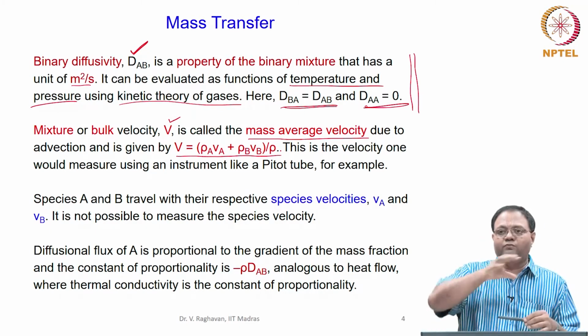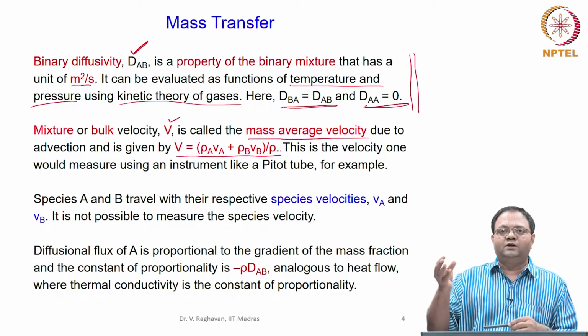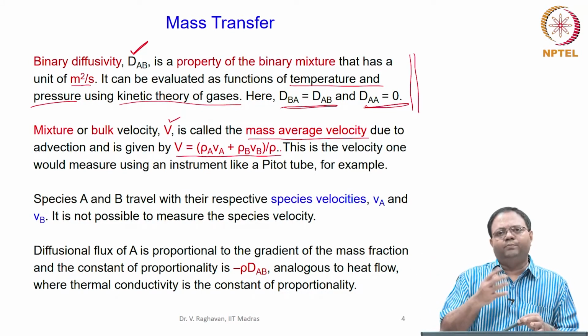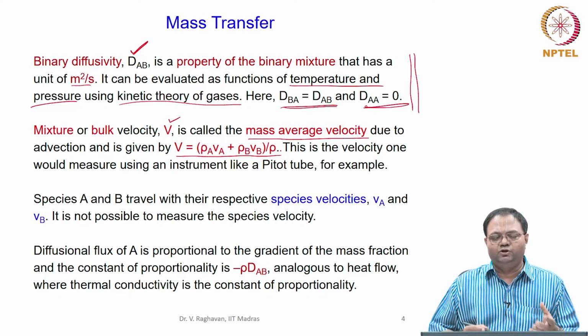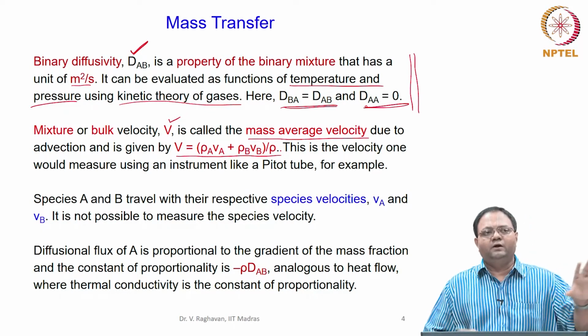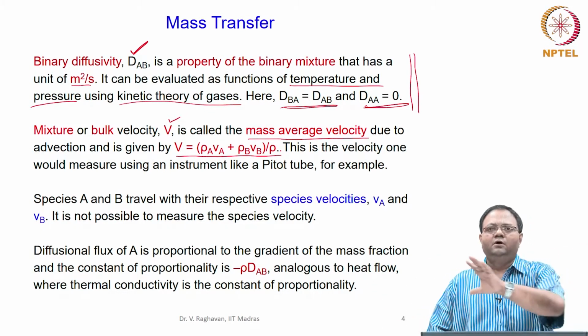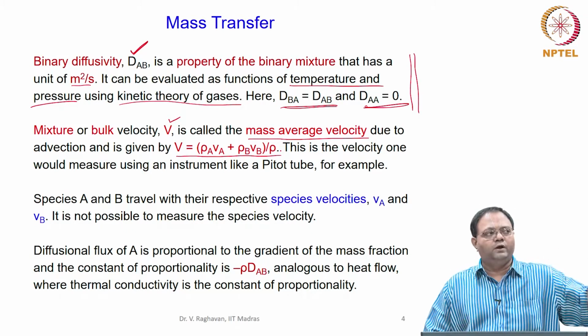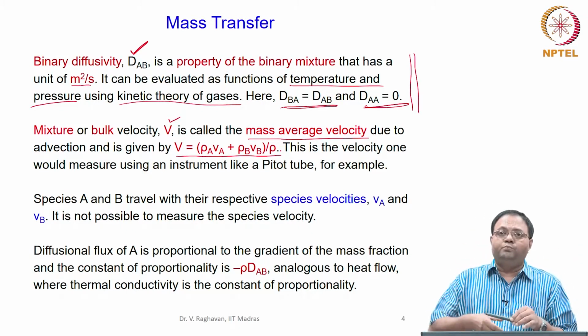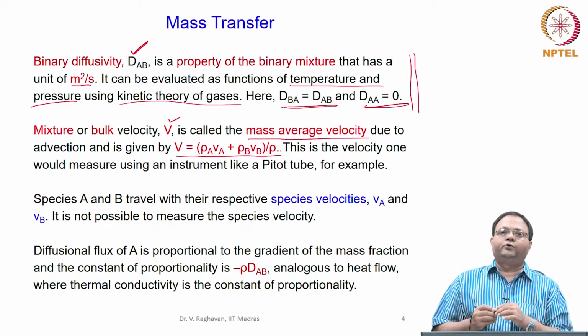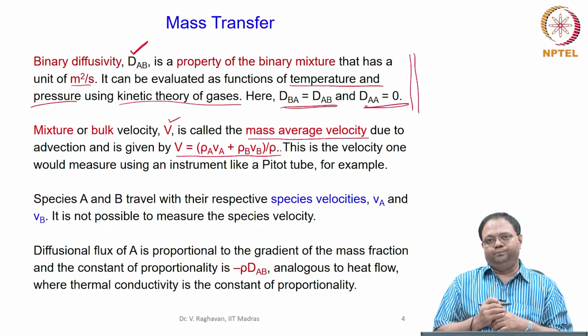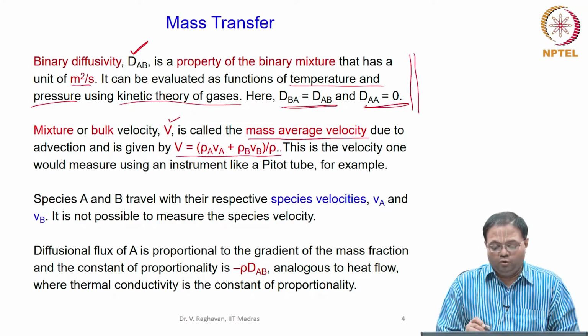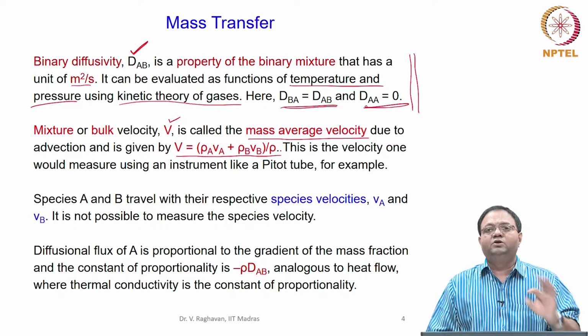For example, the mixture, with some proportions of oxygen, nitrogen, carbon dioxide, is flowing in a duct in one dimensional x direction. Now you put a probe like a pitot tube and measure the velocity. The velocity you measure is only the mixture velocity.